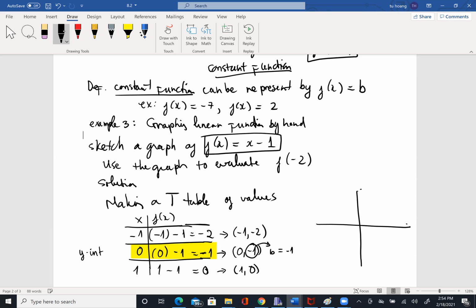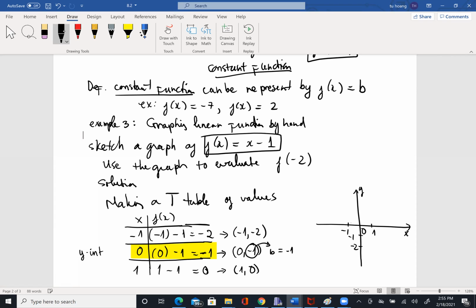I have -1 here, 1 here, 0 here, and 1, -2, -1 here, and -2 for the y-axis.